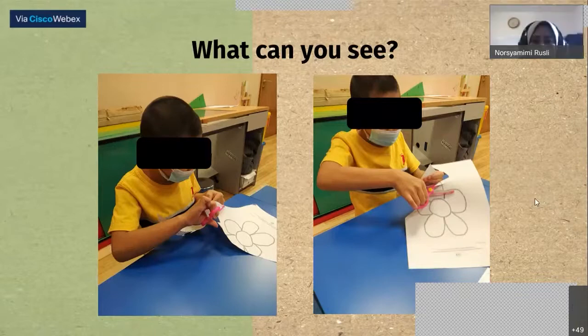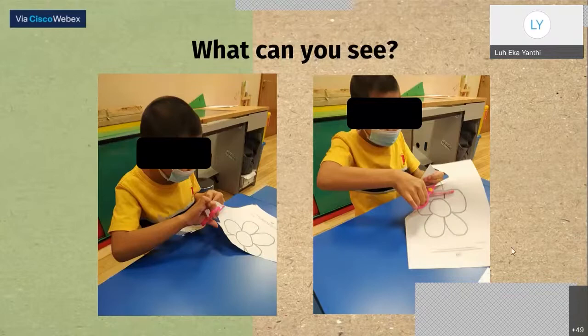Is there any other observation that you can tell? Or is it just that we have summarized everything, I think? Okay, so next, observing hand manipulation through threading lace.